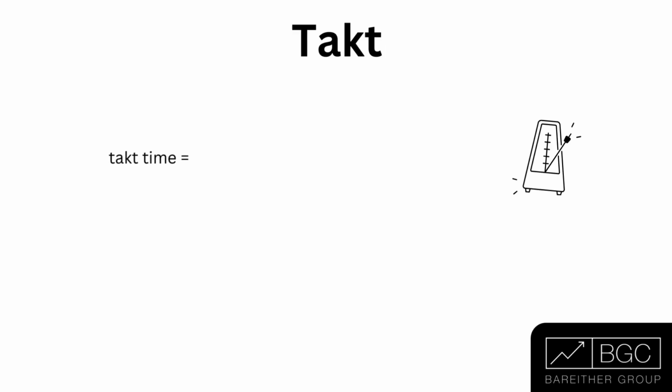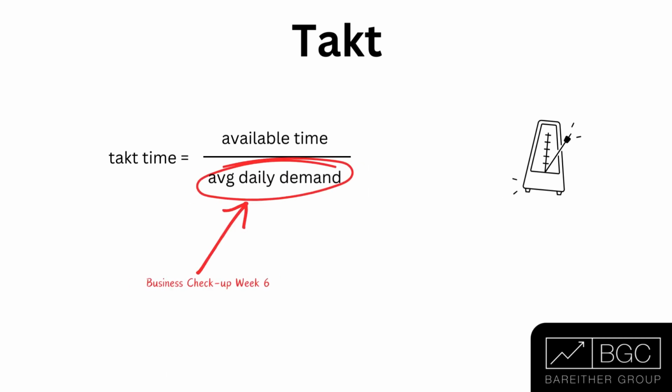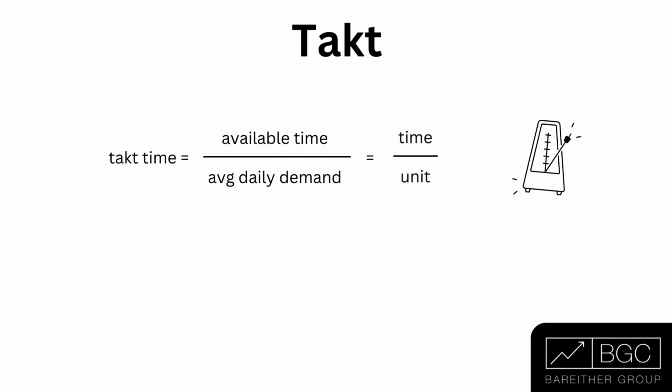For example, if you take one 8-hour shift and divide it by the average daily demand, if you remember, we talked about average daily demand in week 6 and why it was important. Here's the first time it comes back. We're able to figure out how much time is allowed across the interval of each production unit to produce.